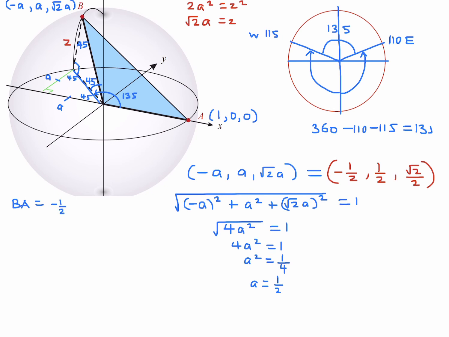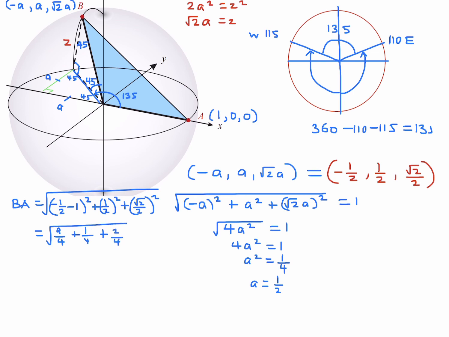So negative a half minus 1 all squared, plus a half minus 0 all squared, plus root 2 over 2 minus 0 all squared. So this is going to be minus 3 over 2, so 9 over 4, plus a quarter, plus 2 over 4. And that's going to be the square root of 12 over 4, and that is just root 3. Okay, so BA is root 3.